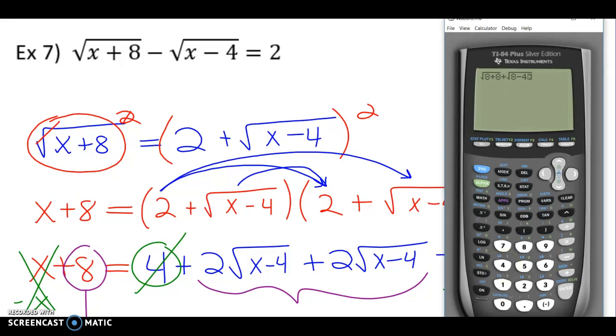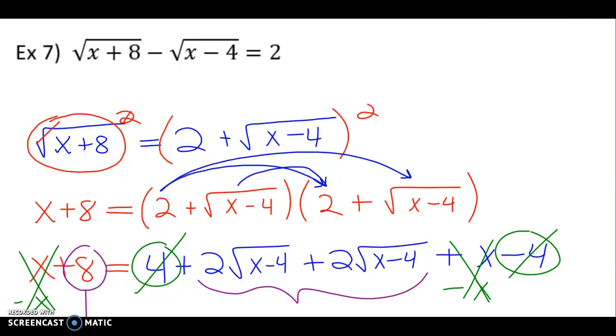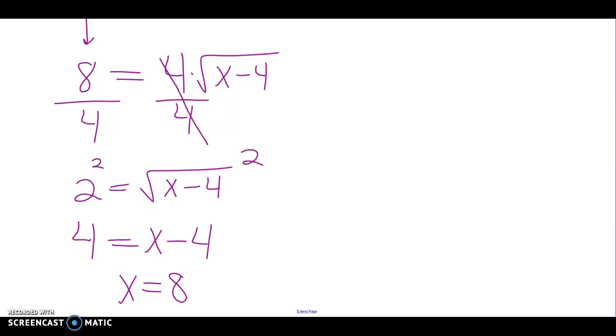Because what's 8 plus 8? What's the square root of 16? So this first one comes out to 4. Sorry, this is a minus sign in the middle, right? Minus the square root of 8 minus 4, which is 4, but what's the square root of 4? 2. So yes, that does equal the right side of the equation. So our answer is in fact 8. Give it a circle and take a deep breath because you're done.